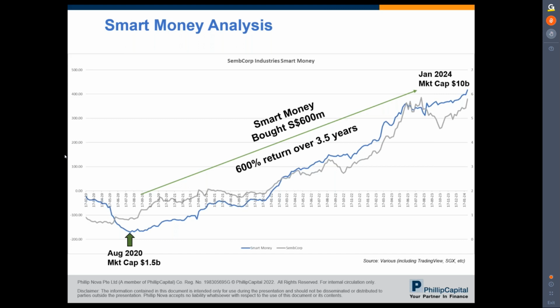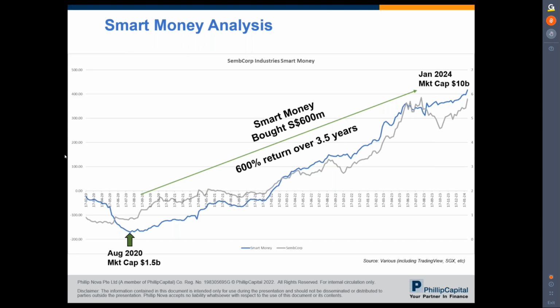Partly this is supported by real money involved in the stock, and secondly, this money is not being thrown into the investment blindly. They are being supported by research done by the smart money themselves as well.